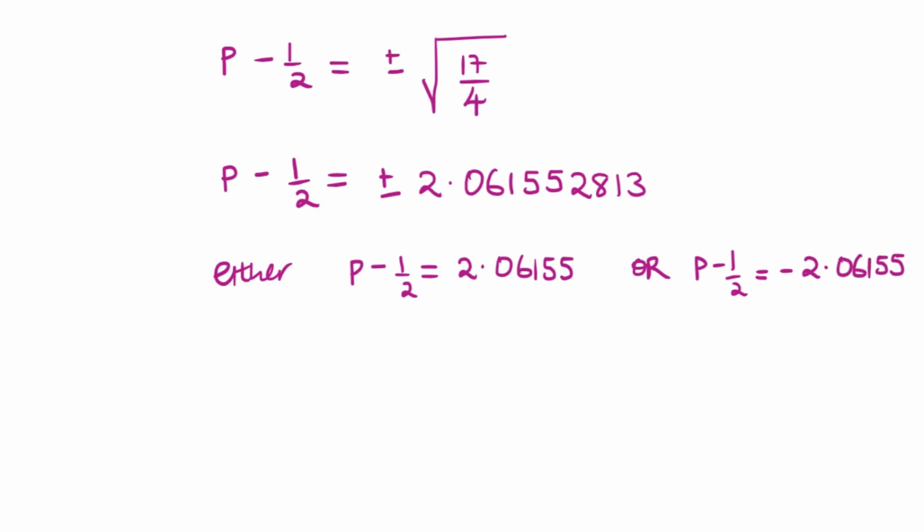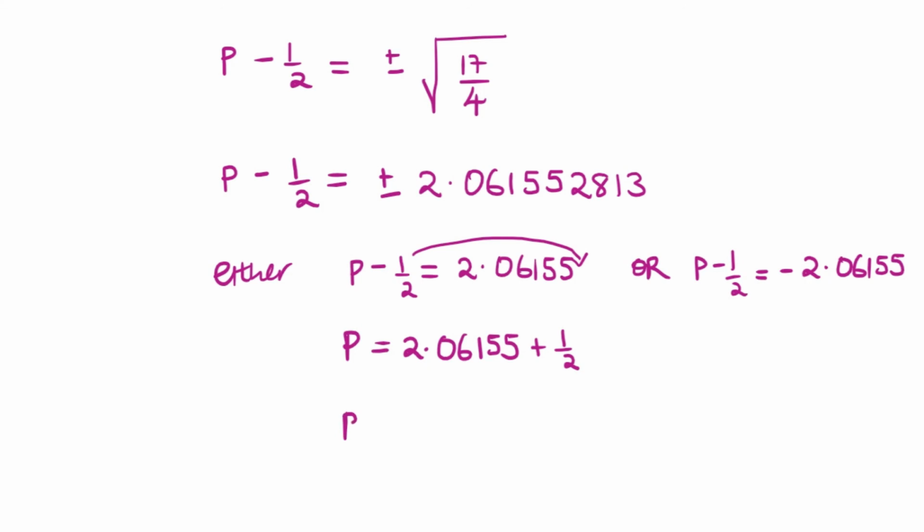So you can even go up to 4 decimal places even if you have not written the whole lot of the number, but it is advisable to write the whole lot of the number there. So we can write to say p would be equal to 2.06155, half goes to the other side, it will be plus a half.